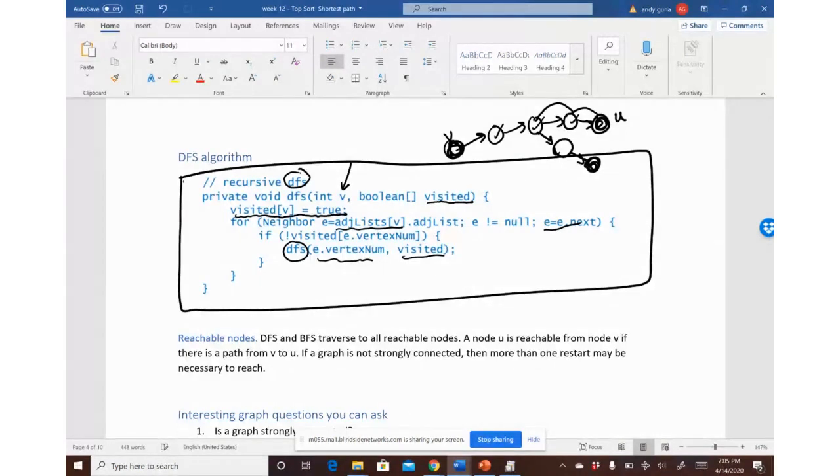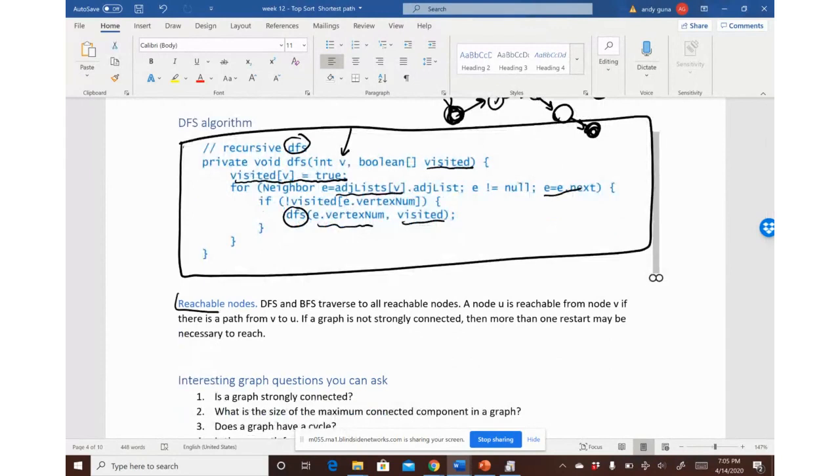Okay. Now, we say reachable nodes. DFS and BFS traverse to all reachable nodes.